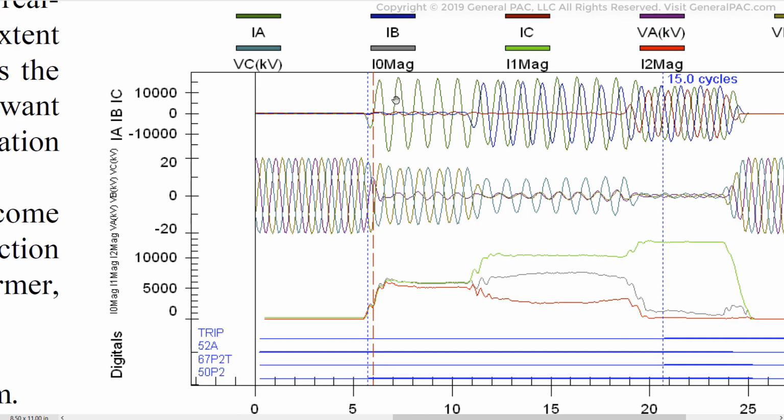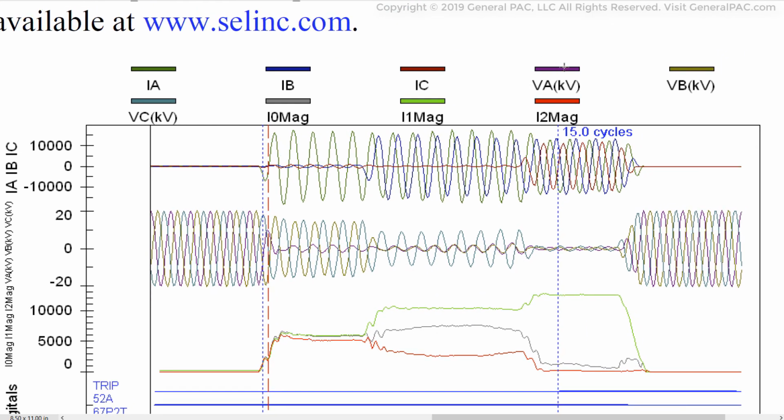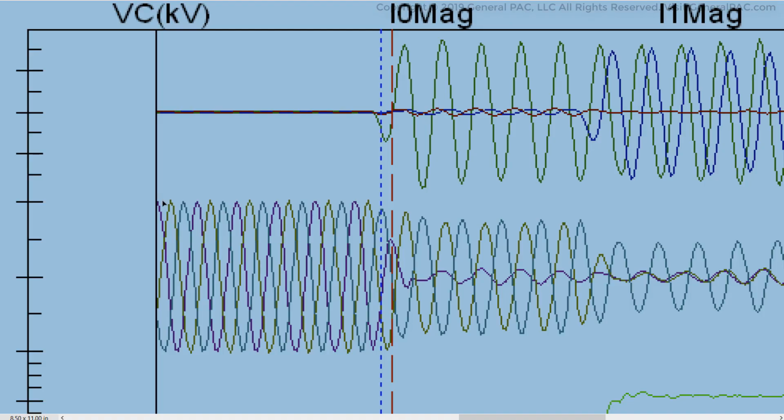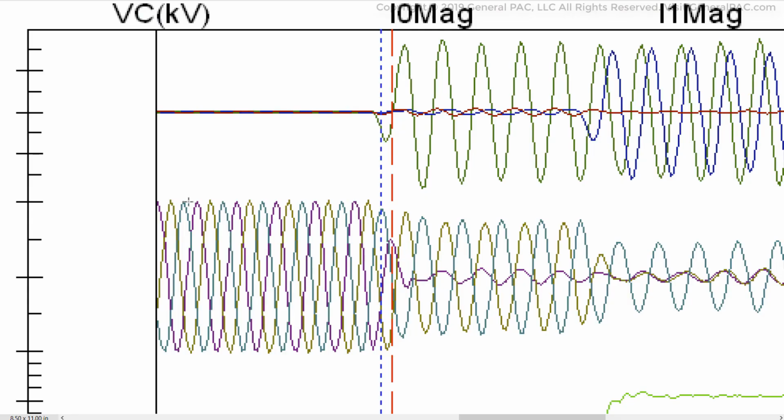If we look at our map, the purple represents phase A voltage in kilovolts. The greenish color represents the phase B voltage in kV, and the teal color represents phase C voltage in kV. So here we know exactly that this right here is A, then it's B, then it's C.